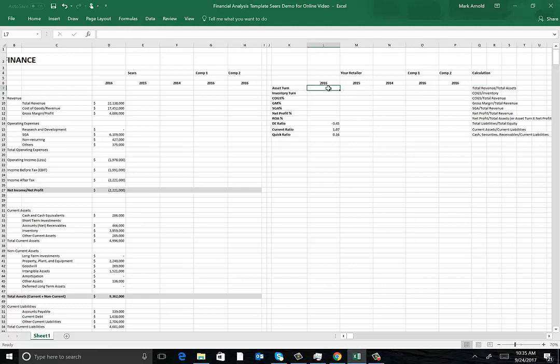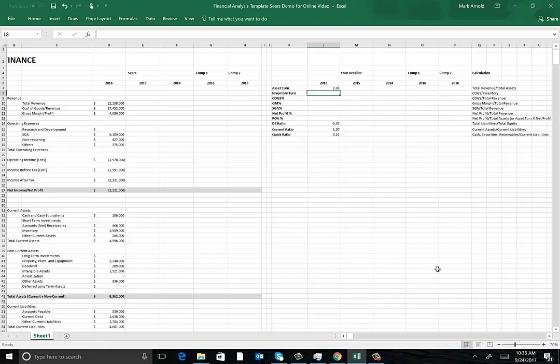So for that number, I'm going to enter a formula, okay? I'm going to go ahead and enter a plus, and then I'm going to go find total revenue right here, click on it, and then I'm going to enter the division sign, which is a forward slash, and then I need to go find total assets, which is right there. Enter. So my asset turnover for Sears for 2016 is 2.36.